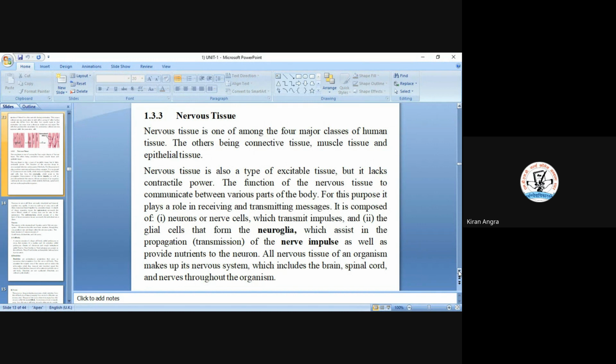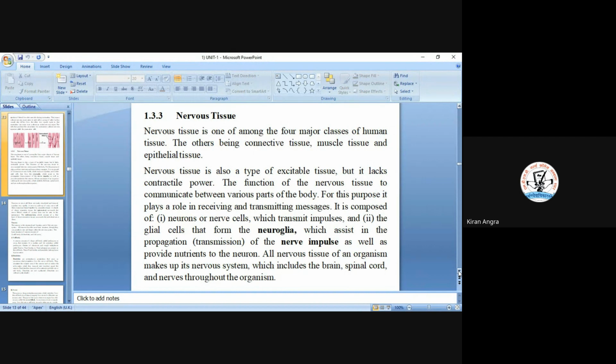The function of the nervous tissue is to communicate between the various parts of the body. For this purpose, they receive the message and then transmit the message. It is composed of nerve cells, which are also called neurons, and which transmit the impulses.